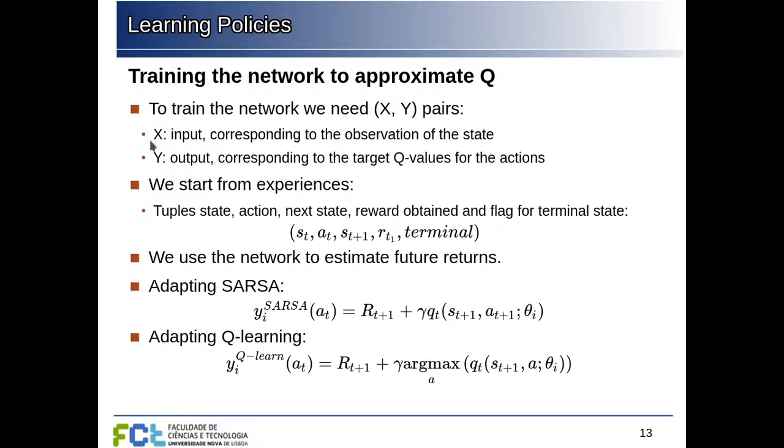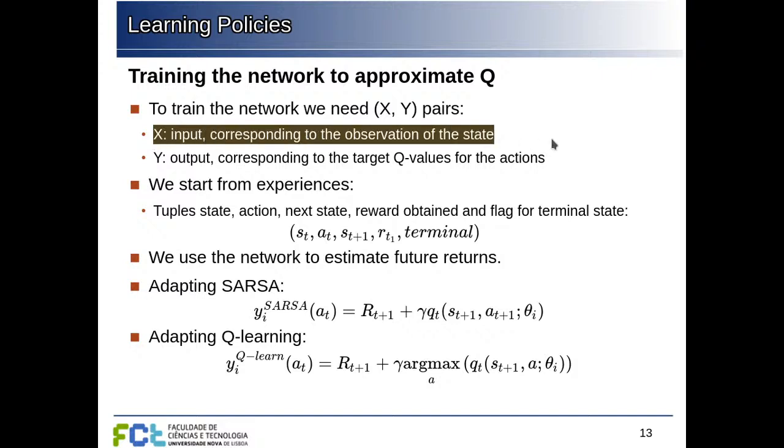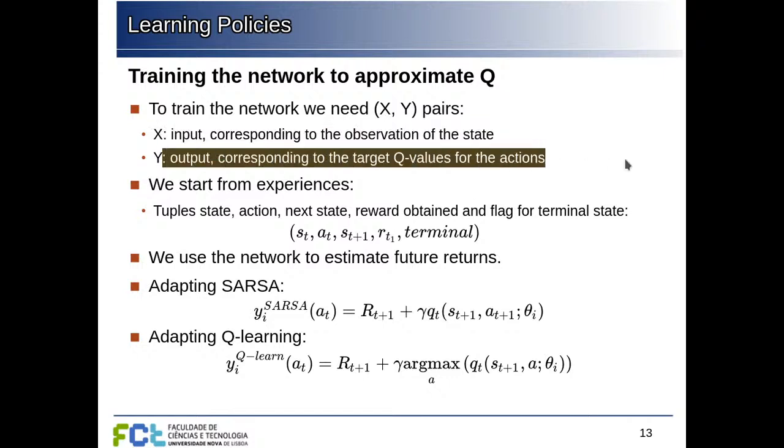We need the input, the features. So this would be an X matrix with all the states that we observe in a mini batch, for example. And now we need the target values for the network. What would be the Q values that the network will have to learn for each action?